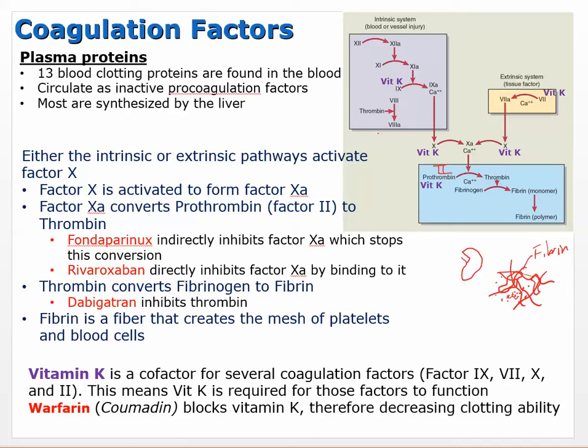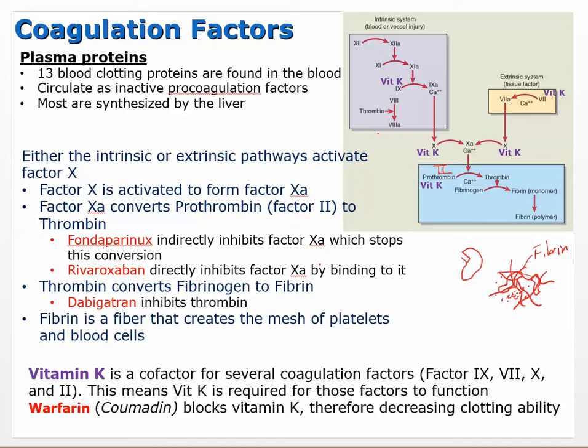So if we think that activation of factor 10 is a really important thing because factor 10 turns the prothrombin into thrombin, then we have a couple of drugs, fondaparinux, which indirectly inhibits factor 10A. I'm not too worried about directly, indirectly.